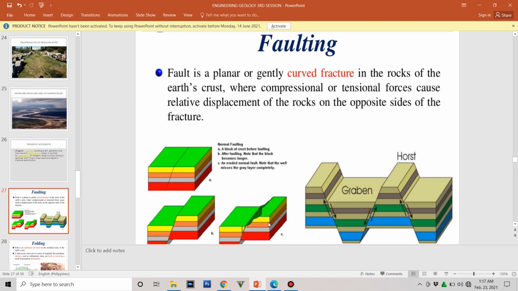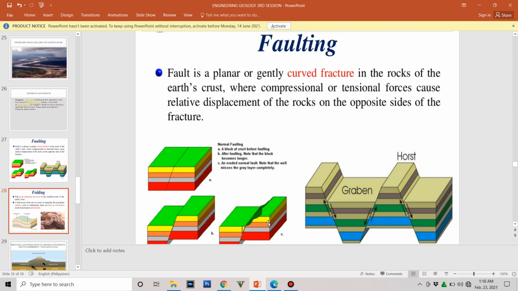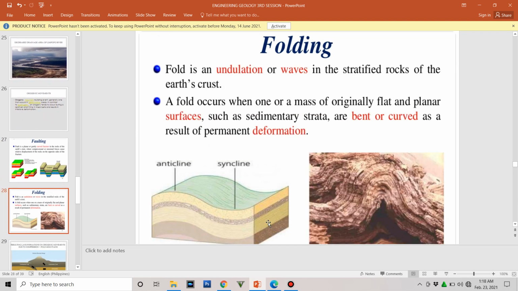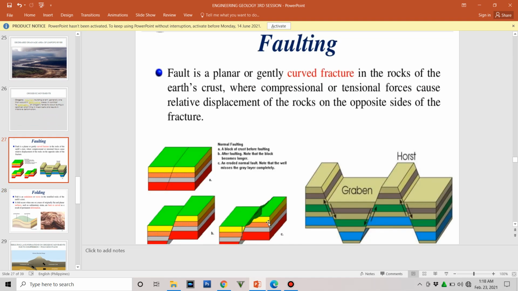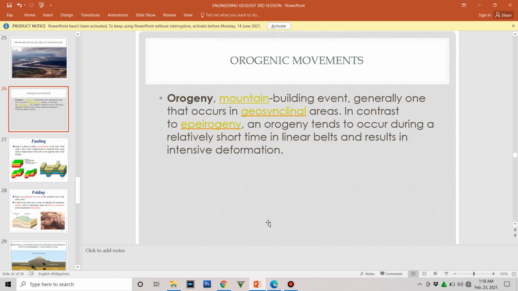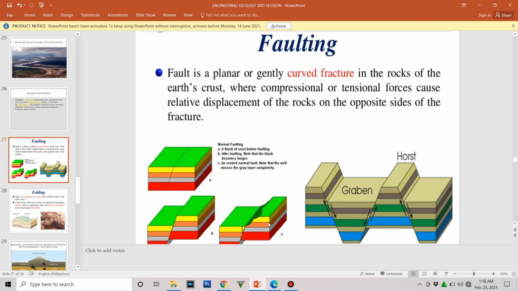So we have here faulting. We have actually discussed this one. And folding. So these two are sub-process of orogenic movement because it is a horizontal movement.